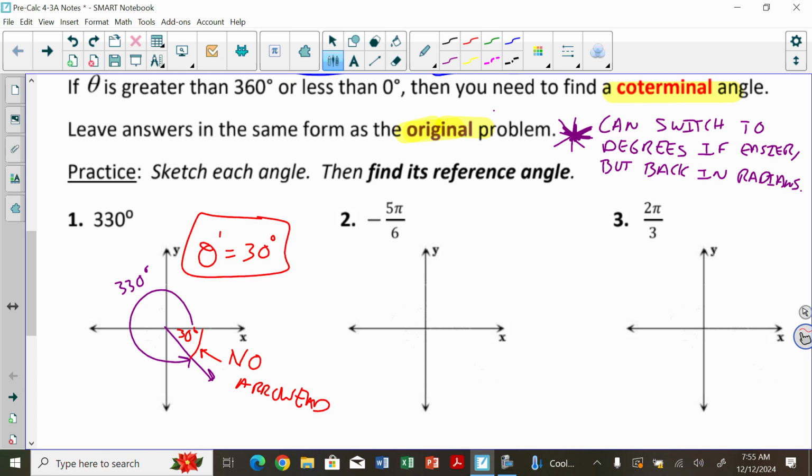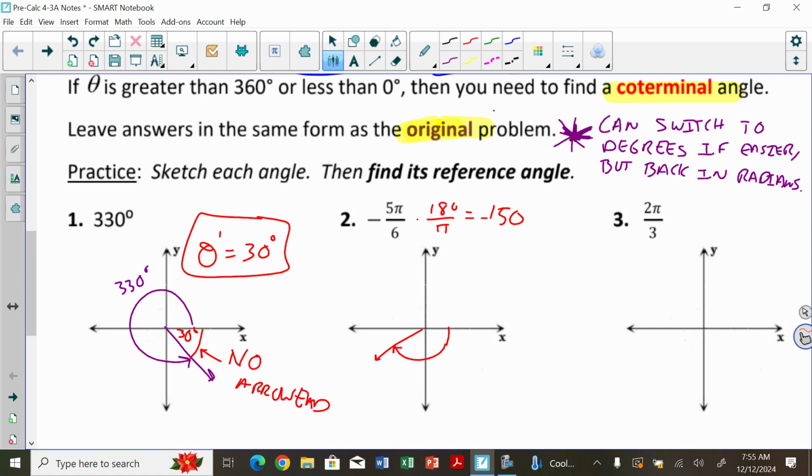Okay? All right, so let's keep going here. Like I said, you could do this, especially when it helps to graph, because maybe we don't know how to graph this right off the bat. So I could take this and I could say 180 over pi and make that negative 150. So then that might be easier for me to graph. If I say, okay, negative 150, I know that's going to be over here.